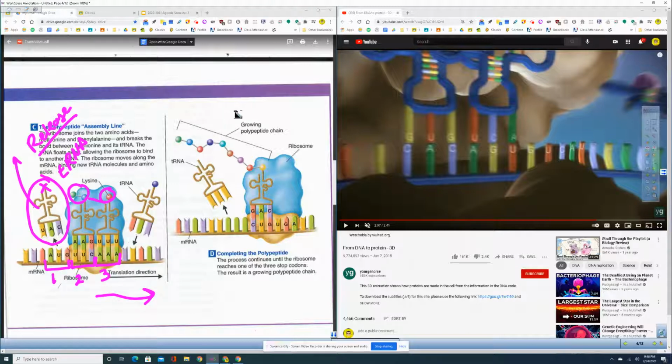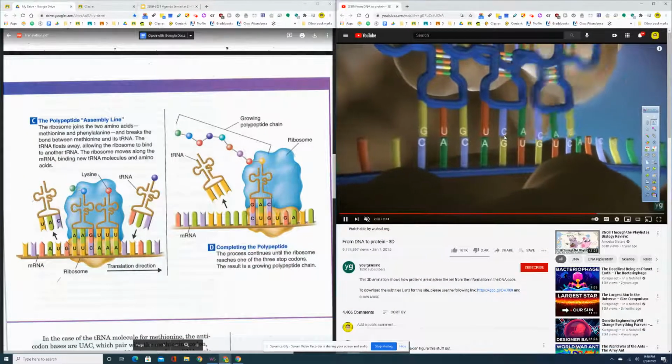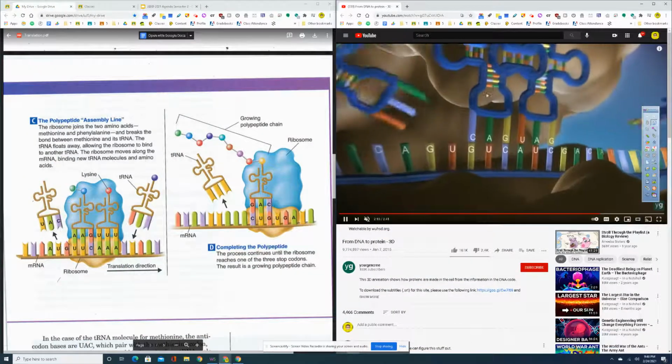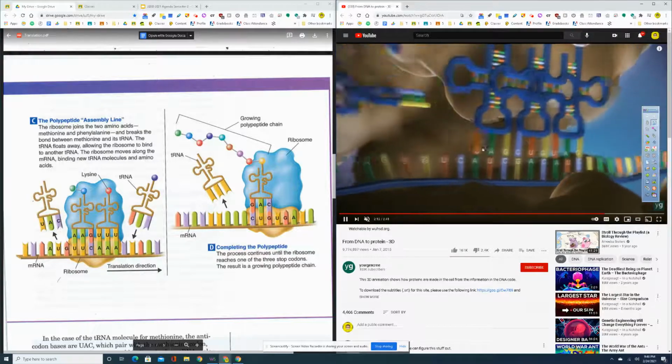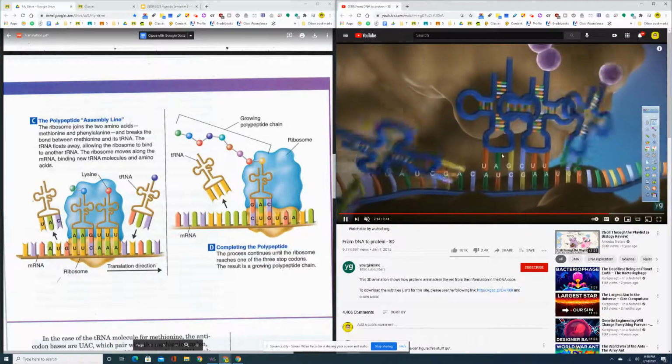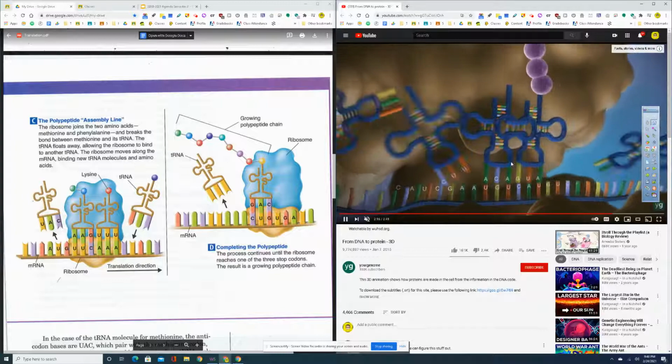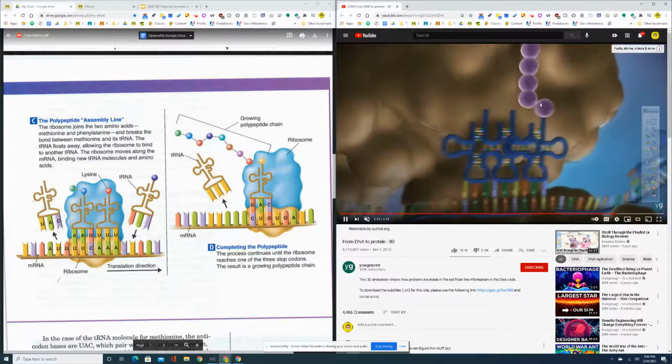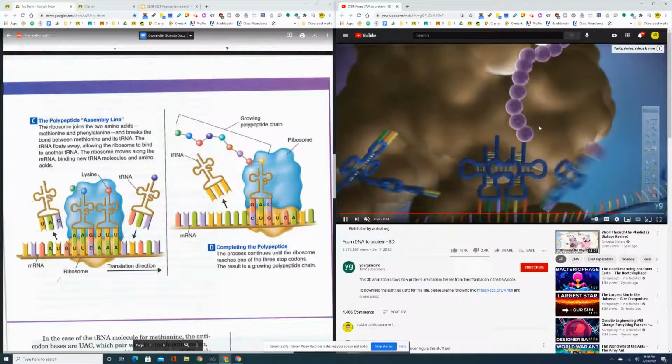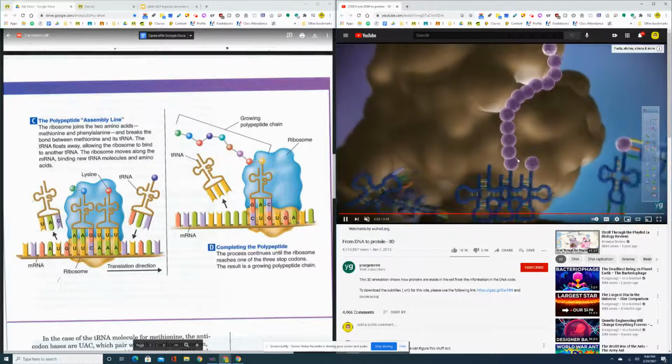So if you look at the video here, you can see this in process. Every time a tRNA comes in, it matches a codon, and anticodons and codons match. Every time there's a match, the ribosome continues to connect these amino acids to the next amino acid that comes in.